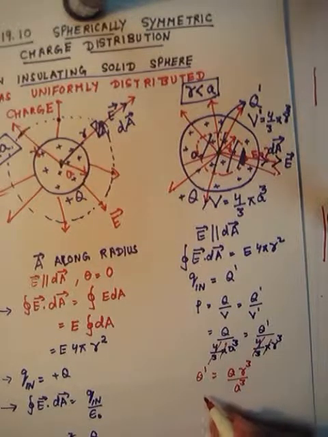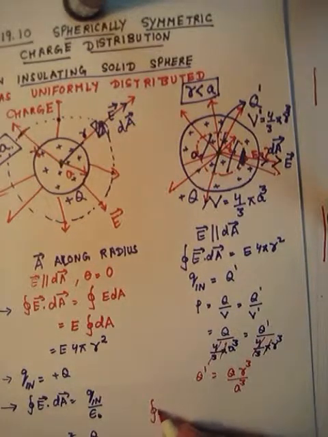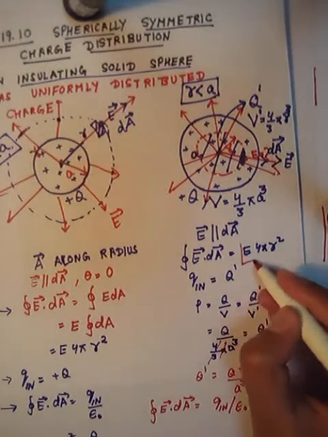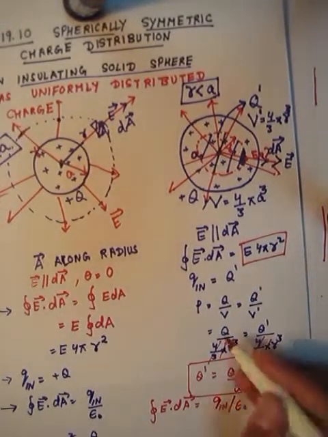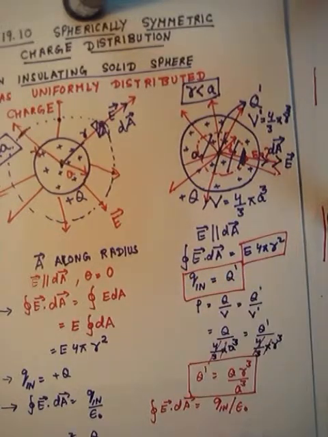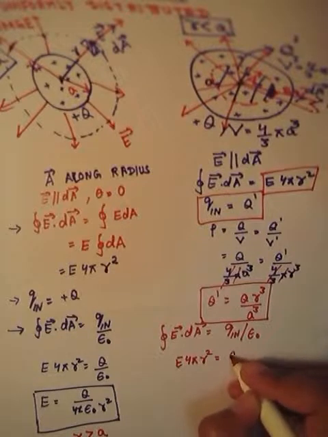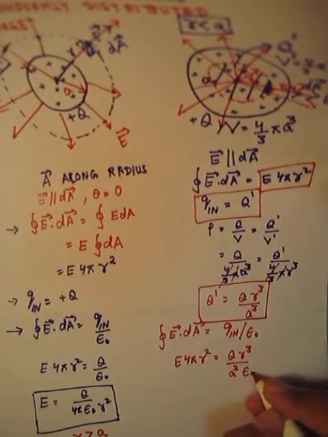And therefore, now if we use Gauss's equation, it will be integral of E vector dot dA vector is equal to charge enclosed divided by epsilon naught. So we have this, and we know what is Q dash, and charge enclosed is Q dash. So it will be E 4 pi r squared equal to Q r cube upon a cube into epsilon naught.